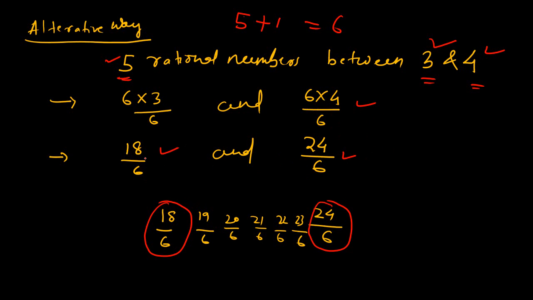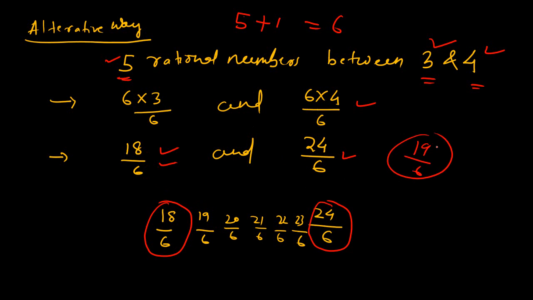But now you see you can increment this number up to 24 by 6, and you can get rational numbers between these two rational numbers very easily. If you increase the numerator by 1, it is 19 by 6. So 19 by 6 comes between 18 by 6 and 24 by 6.